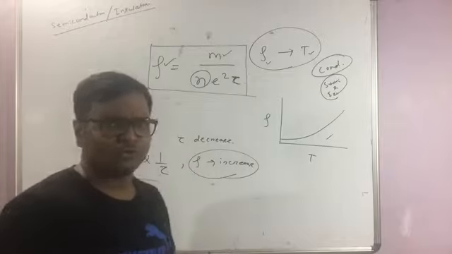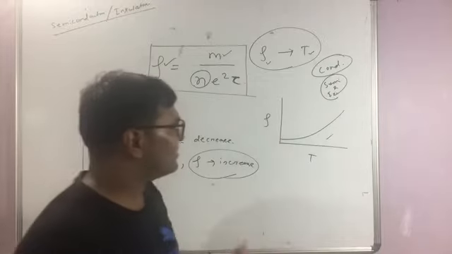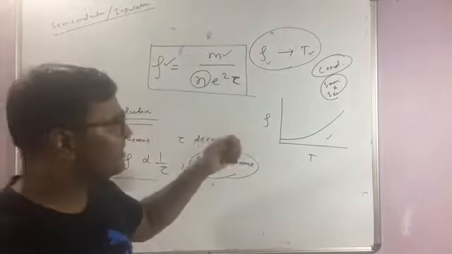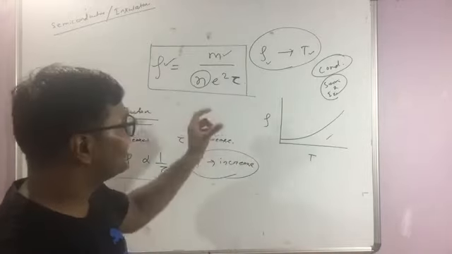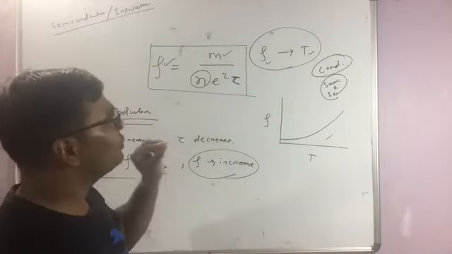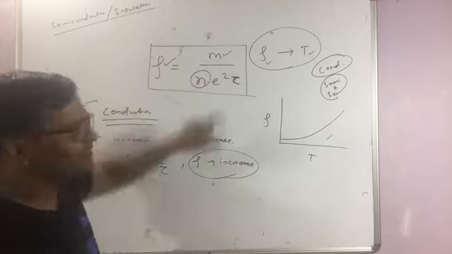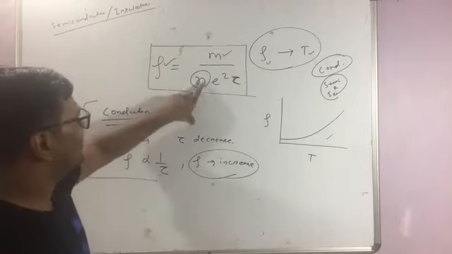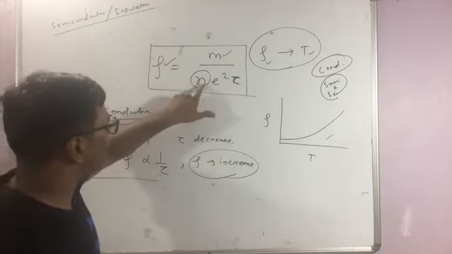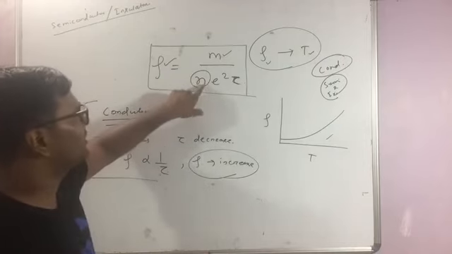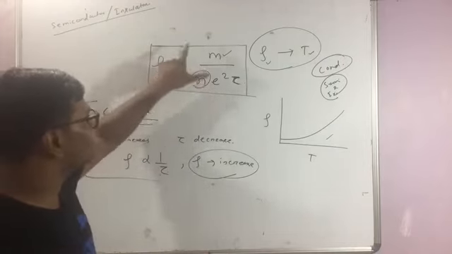So if you increase the temperature, the value of N increases. Clear? The value of N, the number density of the charge carriers, increases.